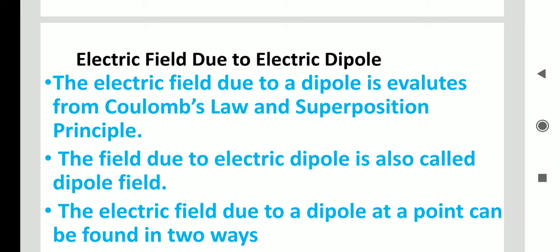Next, electric field due to an electric dipole. We know the electric field is the field influenced by or experienced by charges. Now we are going to evaluate the electric field of an electric dipole.